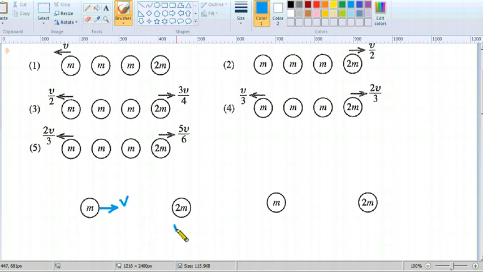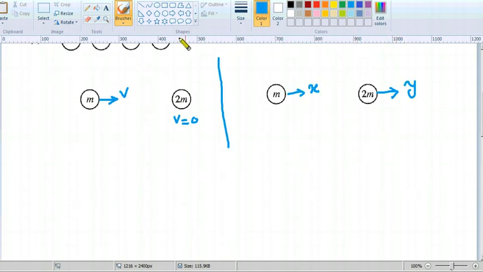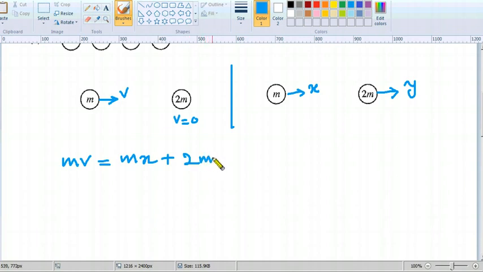So this one is stationary, velocity 0, at rest. After collision, say this one takes the velocity x, and assume the velocity of this one is y. Not the previous x and y, they are entirely different, but let us take x and y for our convenience. So let's write the first equation: mv equals mx plus 2m y, because 2m here.